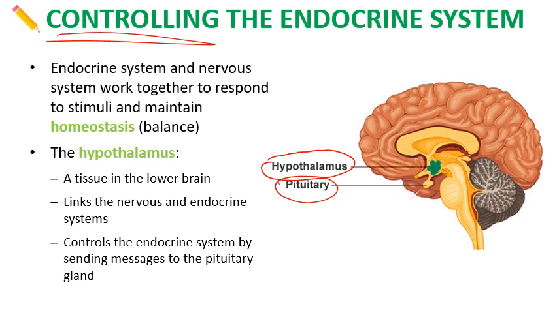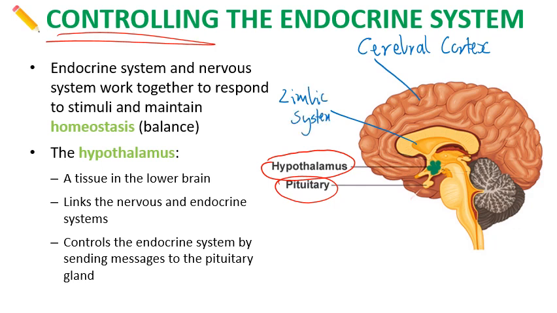So if we look at the structure of the brain, you would have learnt the main other areas and structures. In particular, we've got the cerebral cortex around the outside. And just under the midbrain, or under the limbic system, you can find these two tiny little organs.